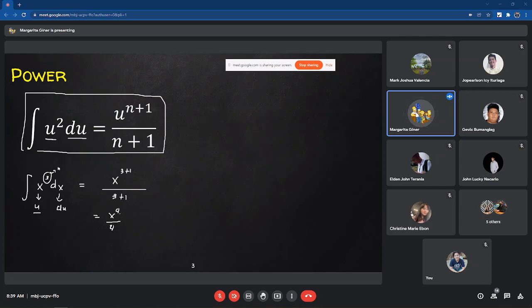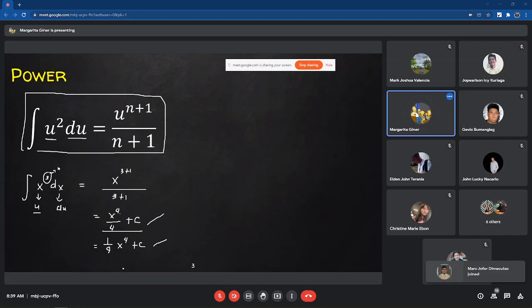Notice mo parehas ang exponent kag denominator, plus c. This will be your final answer. Amo na siya ang power rule nga ginatawag. Okay? So, pwede mo man siya maubra nga 1 over 4 x to the 4th plus c. Kung amo ni sabat mo, correct na siya.